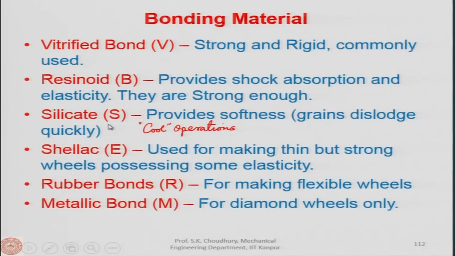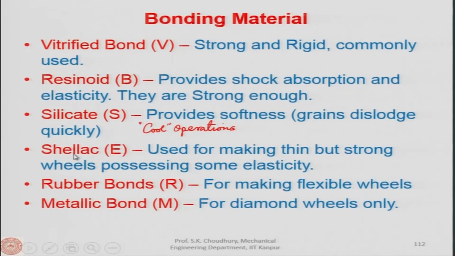Next bonding material is shellac, and shellac is designated by E. That is used for making thin but strong wheels possessing some elasticity. You have seen the elasticity is provided by the resinoid as well. To some extent, the shellac also can provide the elasticity, but basically this is made for thin but strong wheels.